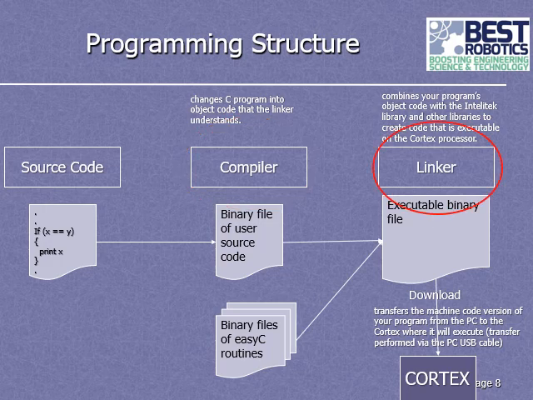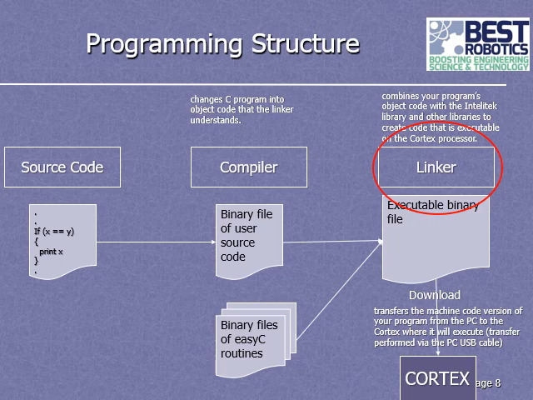Then the linker, what it's going to do is take that binary file that the compiler just created, bring in a bunch of other binary files, potentially, that were loaded with the system. These are all the predefined functions that you use, and other things that it will need, like printing capabilities, whatever's built into the system.